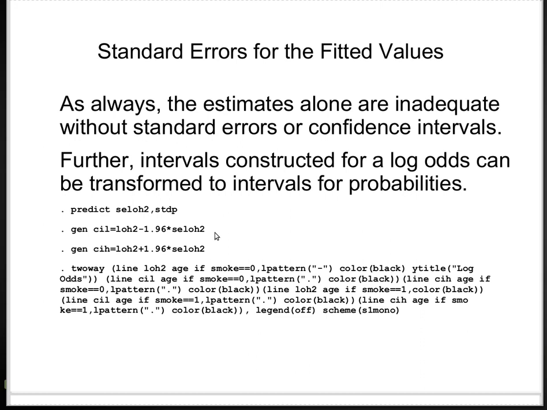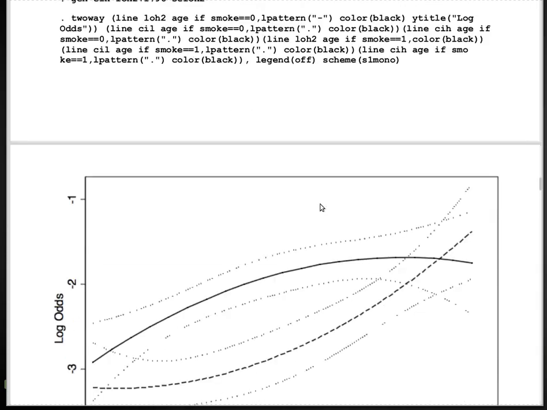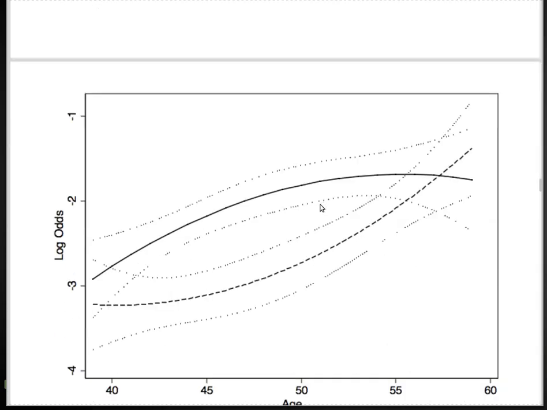And if we do that and then graph it again, we get some indication of the confidence limits for the smokers, here are these two curves, and then the confidence limits for the non-smokers, they're down here. And what do we see?